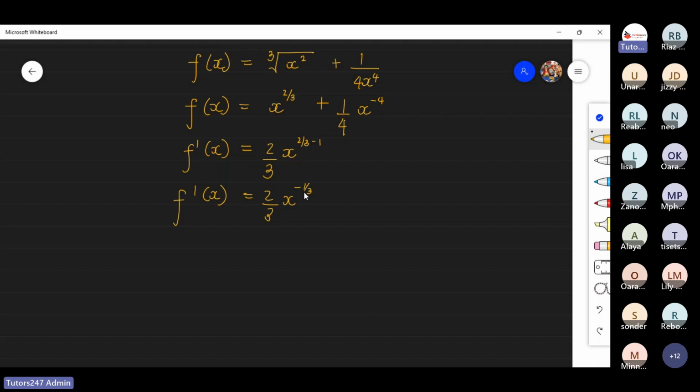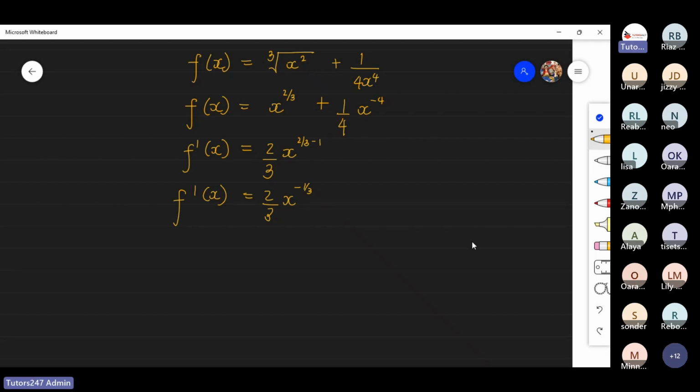So we've now derived the first term. We're not done as yet. We still need to derive the second term. So I'll repeat once more. Once we've derived the cube root of x squared, we end up with 2 over 3 x to the power negative 1 over 3.